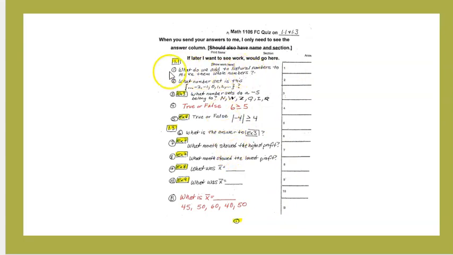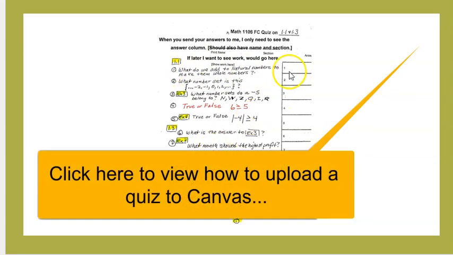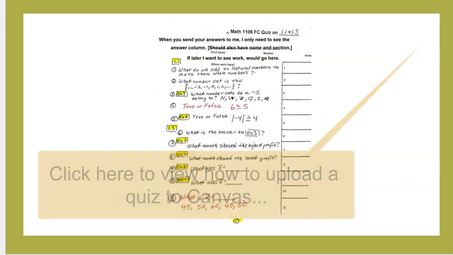The questions are there, and you write the answer, take a picture of this page, upload that file to your computer, and then load it into Canvas. I have a video, and I will put another circle with an eye in it, that goes over the protocol for turning in these quizzes.